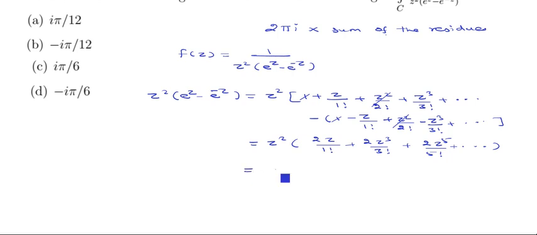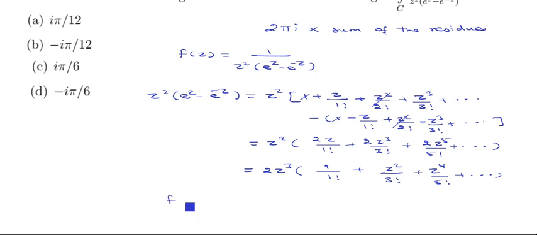This can be written by taking z out, so 2z cube times 1 by 1 factorial plus z square by 3 factorial plus z power 4 by 5 factorial etc.